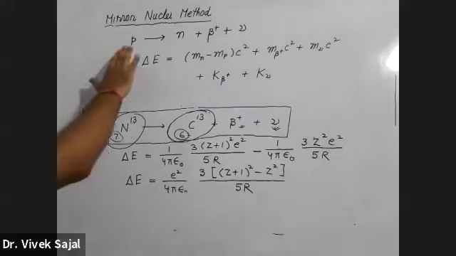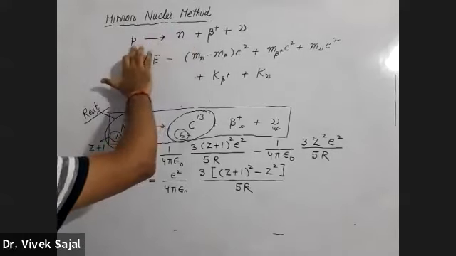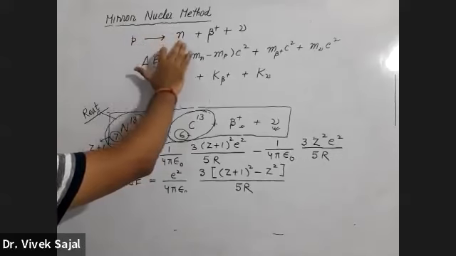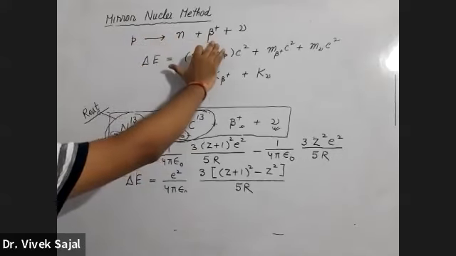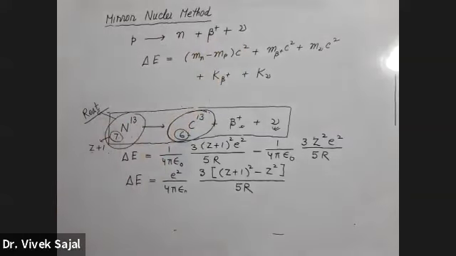Actually, I told you this here to explain it, but if you observe the mass of the proton and neutron, that is 1870 times higher than the mass of the electron. So you can say that the mass of the neutron is very large compared to the mass of the positron.